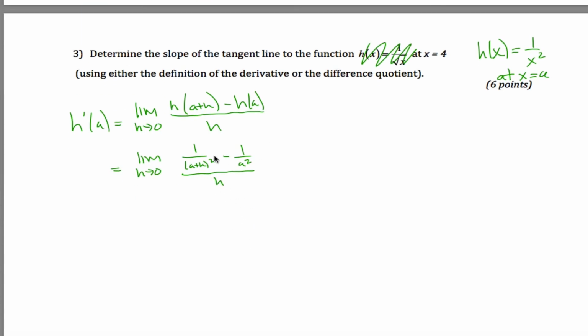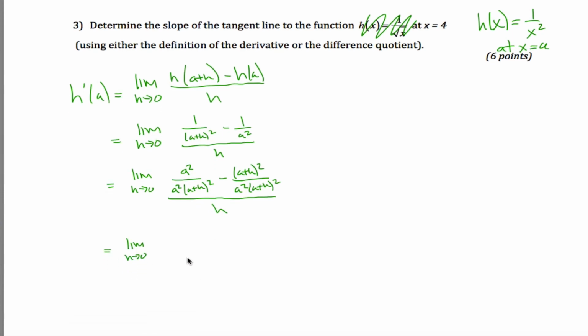And so when you see these fractions inside fractions, the trick that you immediately think, maybe, is to get a common denominator. So I will say that this is a squared over a squared times a plus h squared, minus a plus h squared over a squared times a plus h squared. And that whole thing gets divided by h.